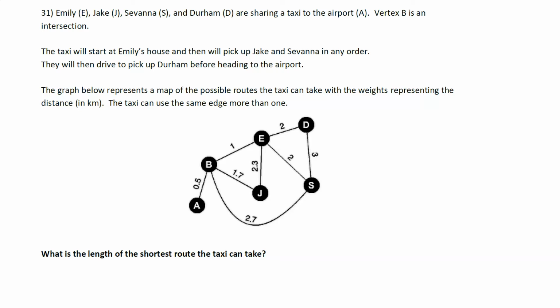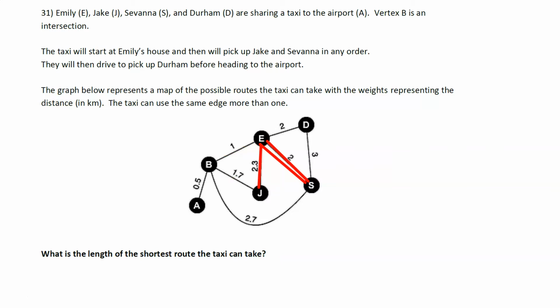We're told we need to start at Emily's house, so I'm going to start off first going from Emily's house down to Savannah's house. Now we have to pick up Jake next, so that means we're going to have to backtrack immediately to Emily's house and then go down to Jake. Now we have a choice. We could either backtrack from Jake's to Emily again, or we could go through B and back to E. However, in doing that, that gives us a total distance of 2.7 rather than 2.3.